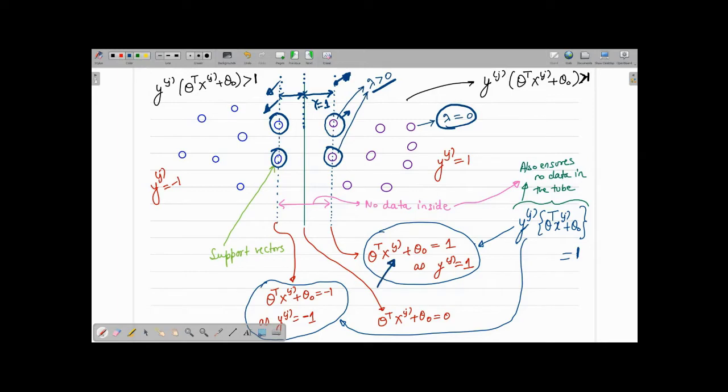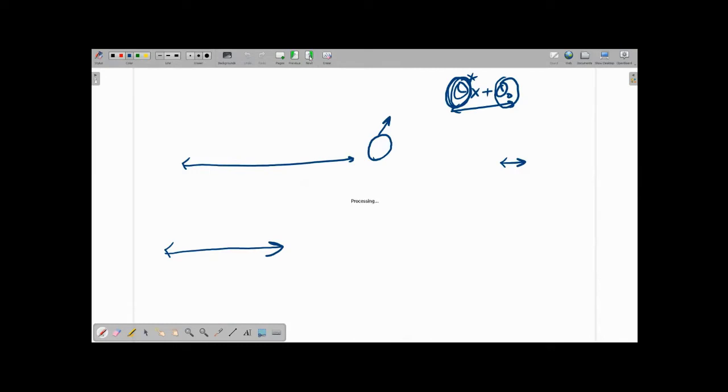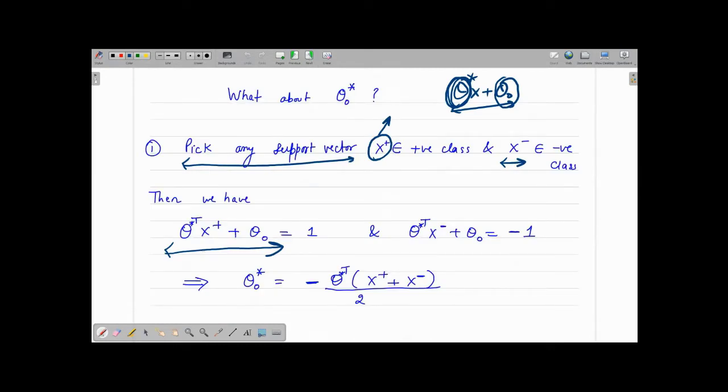So in x plus, if I put it, I will get this equation; in x minus, I will get this equation. Once you solve these two equations, you can get the value of the bias term theta 0 star, and the value is this. So this is the equation of the hyperplane which we have got.